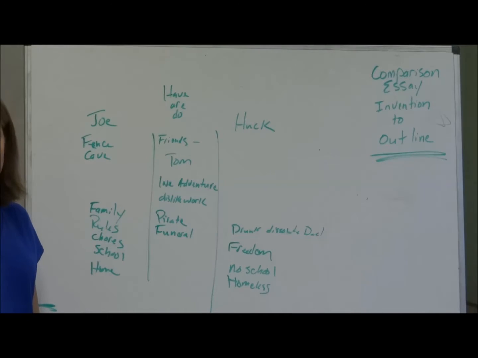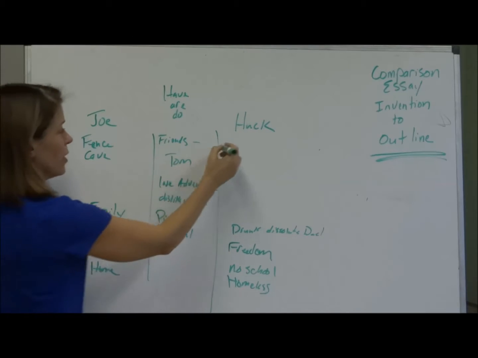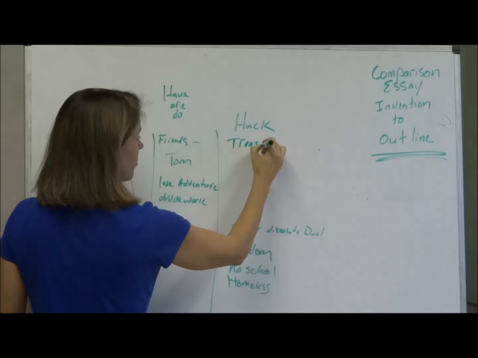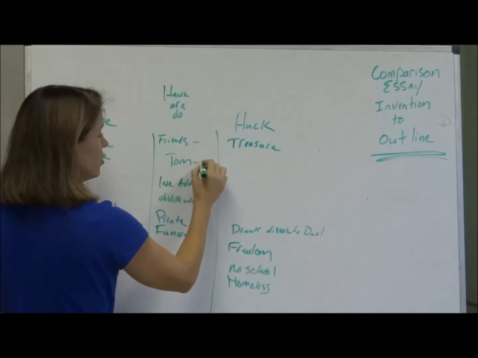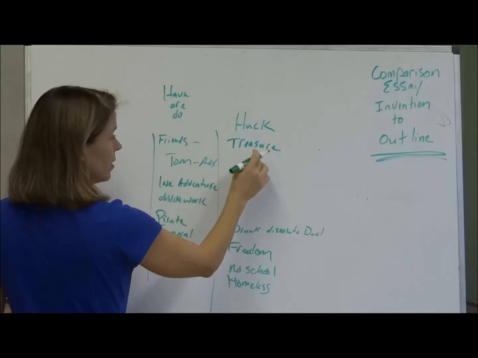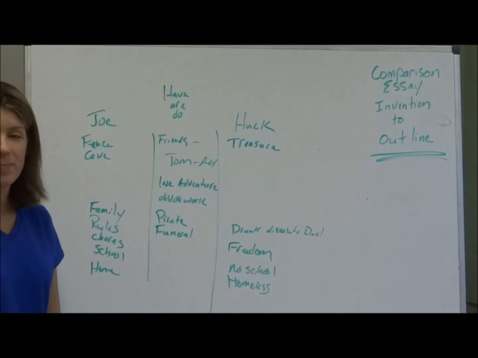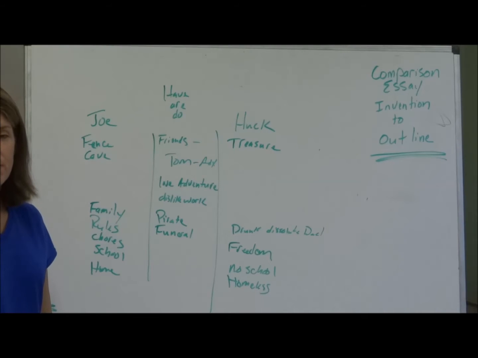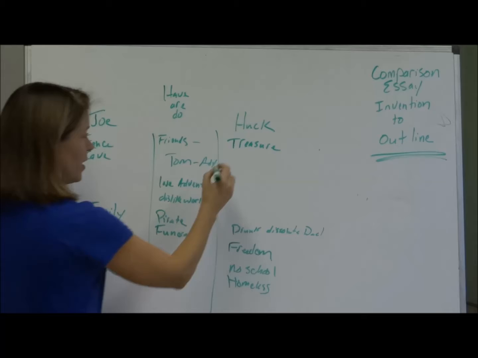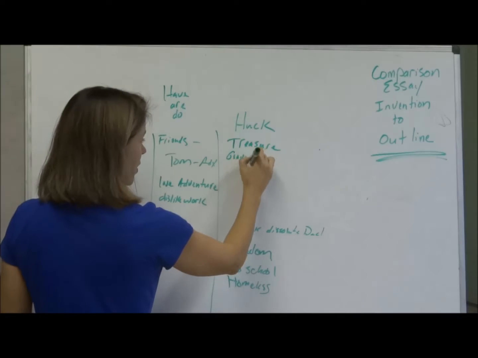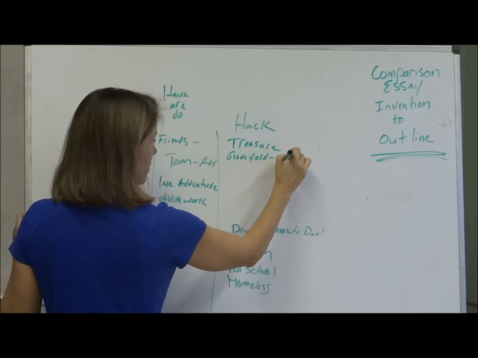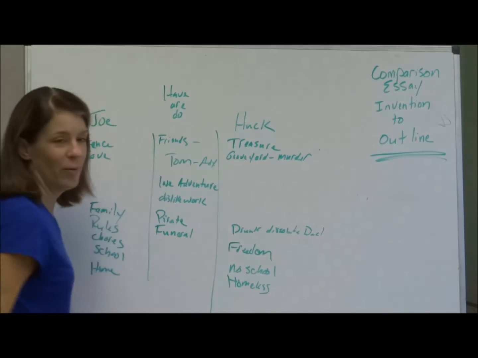Huck was trying to find the buried treasure. They looked for treasure together, Tom and Huck. So these are like Tom adventures, we'll call them. And didn't they go to the cemetery? They went to the graveyard together, and they saw a murder there, right? Okay, what else?